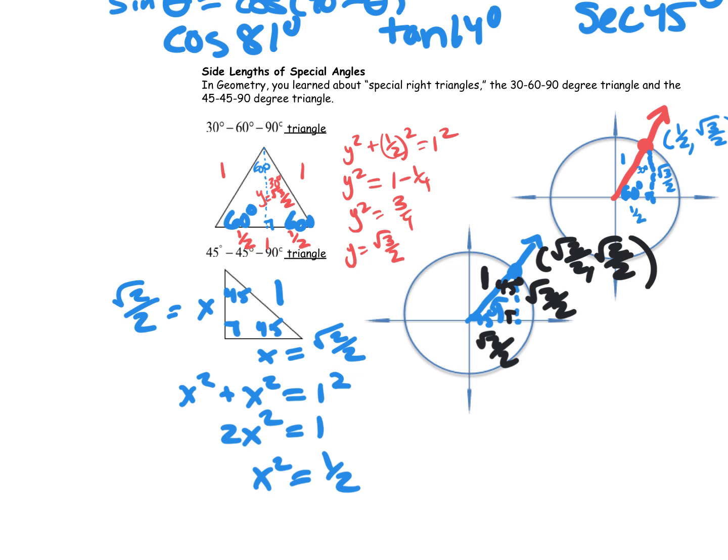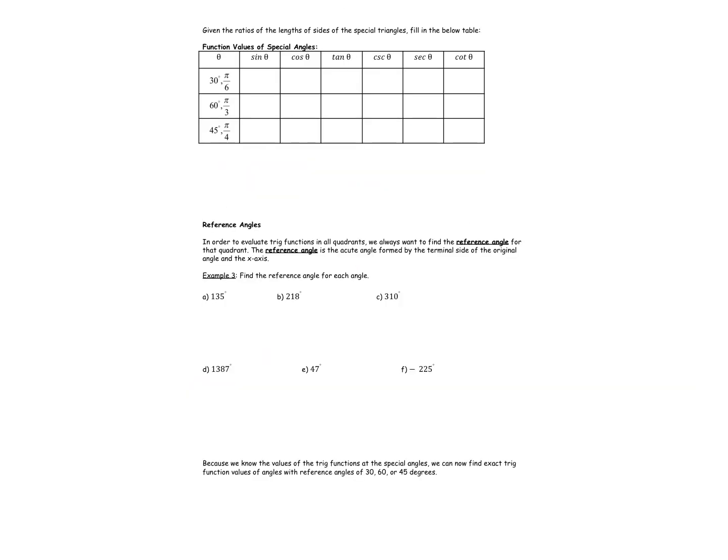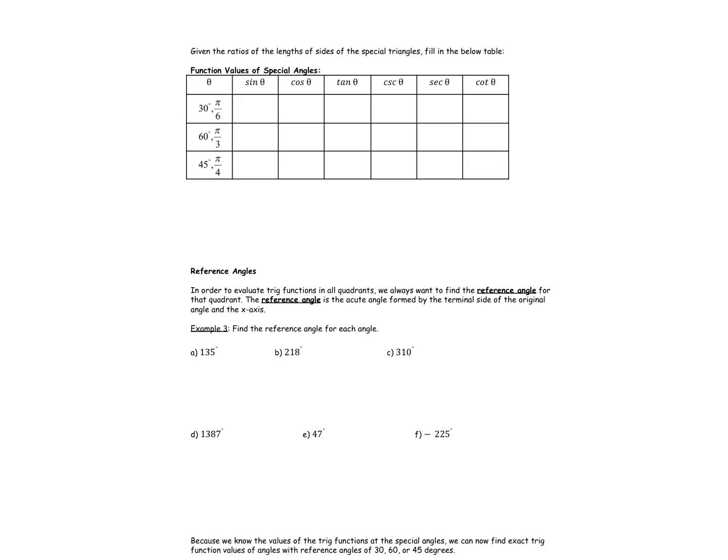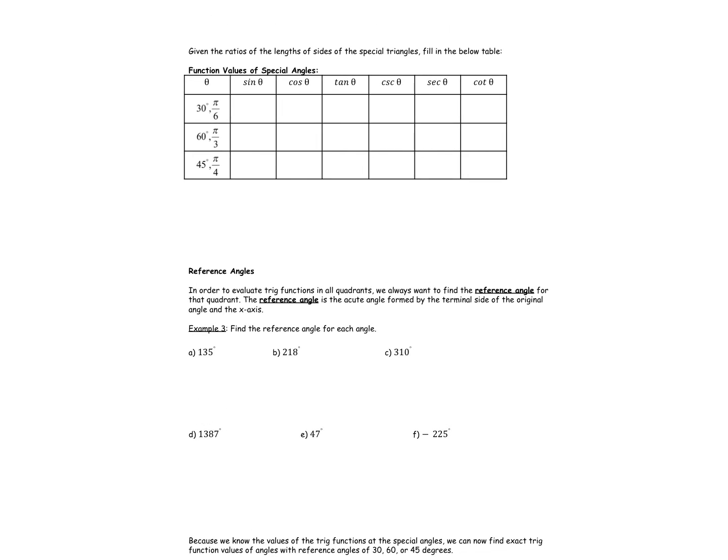All right, so let's go to the next page here. Now, what will be helpful for you in filling this out? Well, I think it will be helpful just down below here, draw your 2 triangles. So we've got a 45, 45, 90. And again, you've got 1, √2/2, √2/2.